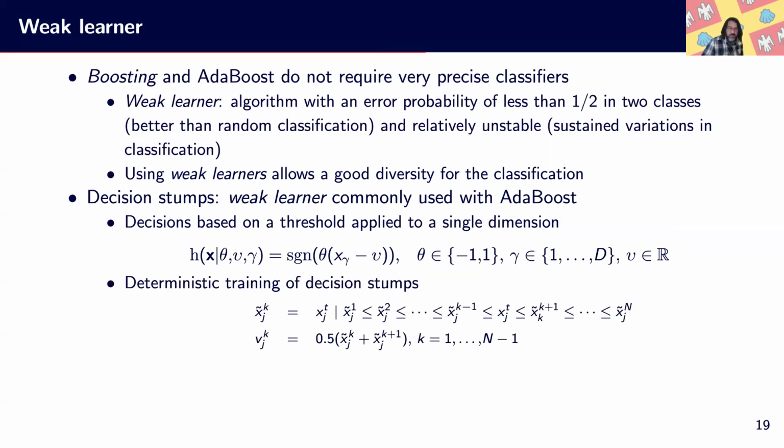And mathematically speaking, we can express it that way. So basically, we are sorting all the samples in increasing values. We just reorder them in terms of their values, and that independently for each variable. And then we compute the thresholds, which are basically in between.